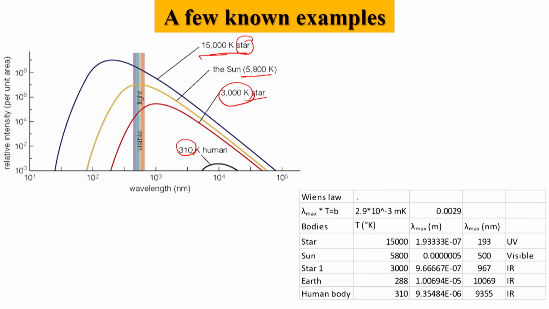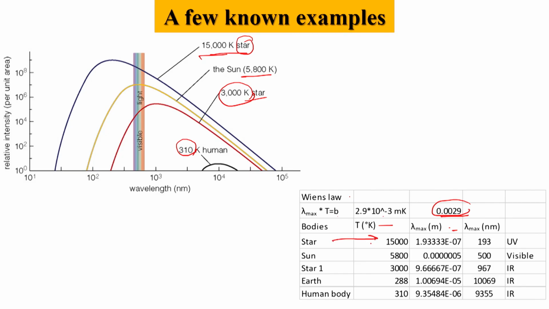Just remember this: lambda max times T equals a constant, 2.9 times 10 to the power minus 3, so 0.029 you can write. Given the black body temperature, lambda max is given in meters, and you can calculate it in nanometers.